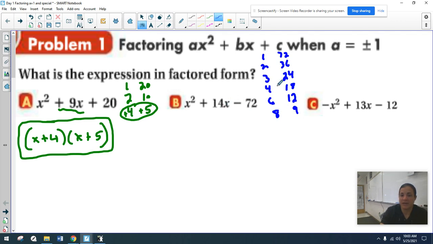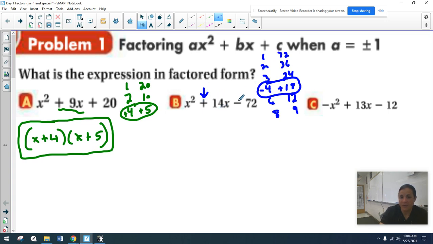I need the ones that are going to give me 14. Now, if you add all of these, none of these are going to give you 14. But if you subtract these, you'll end up getting 14. But you have to do negative 4 and positive 18. So here's basically what's going on. If you get a negative here, these need to multiply to give you a negative. The only way to multiply 2 numbers to get a negative is if one's plus and one's minus. So this is going to be the sign that goes with the bigger number because you need them to add up to a positive.